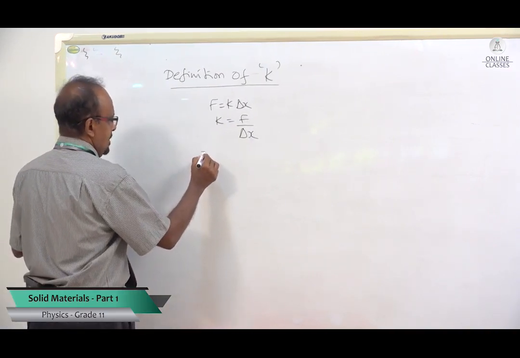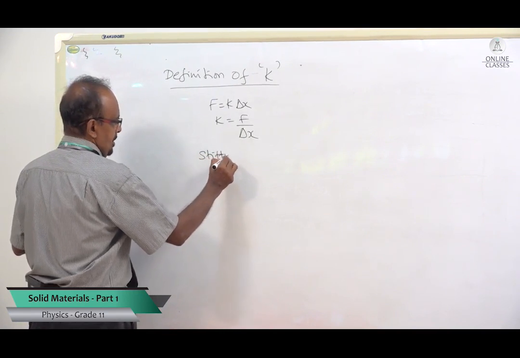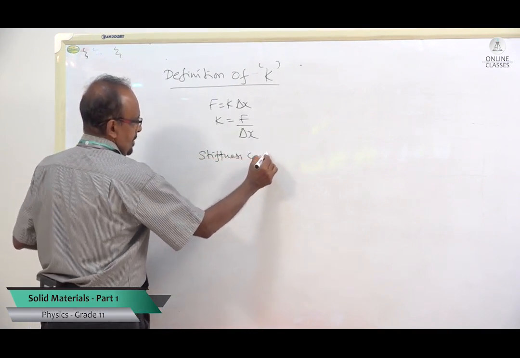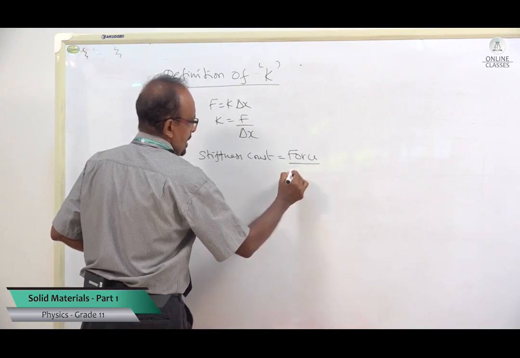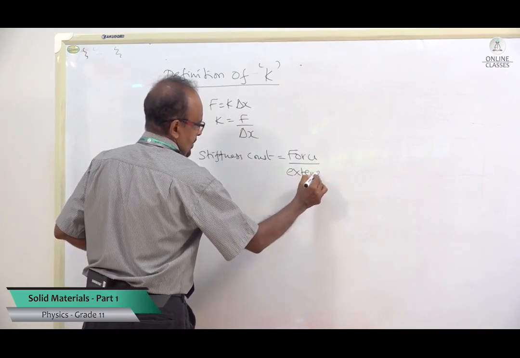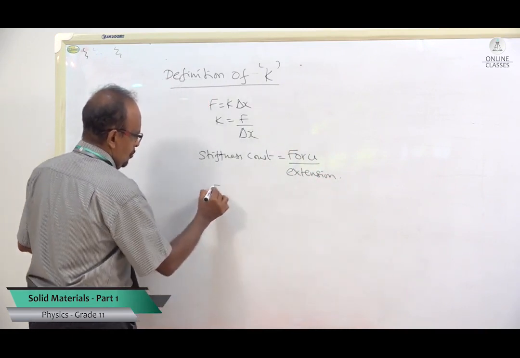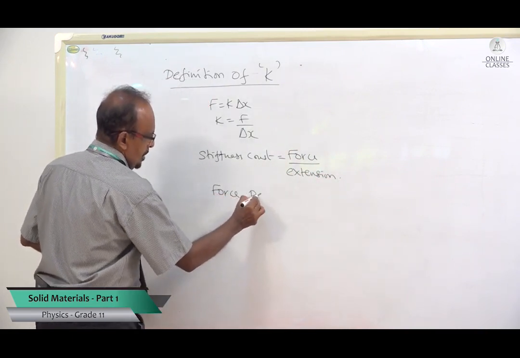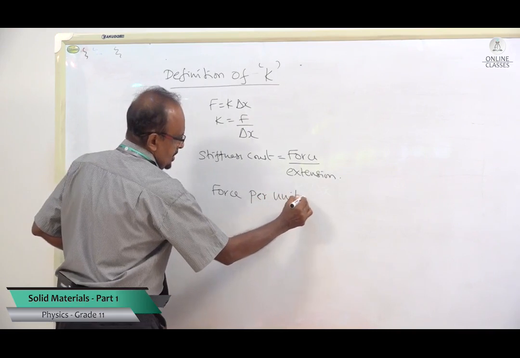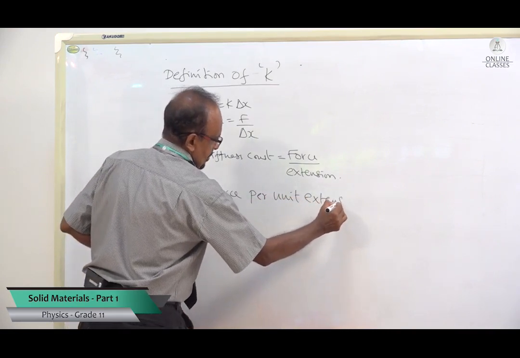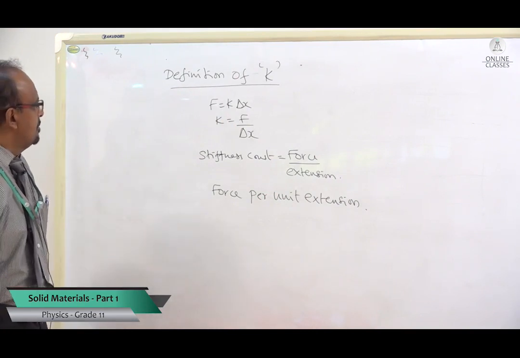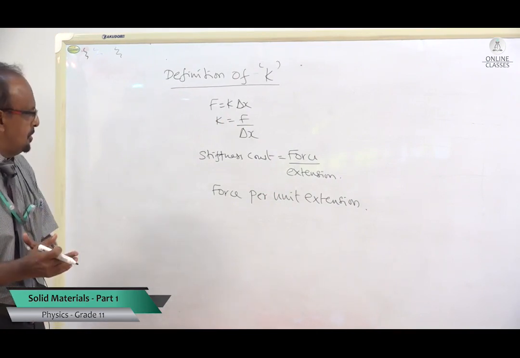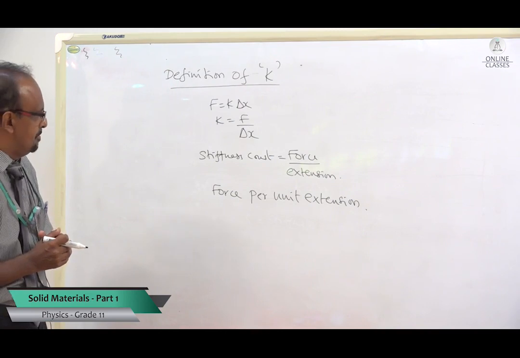Stiffness constant is equal to force divided by extension, or force per unit extension. We can say this as stiffness constant or spring constant.